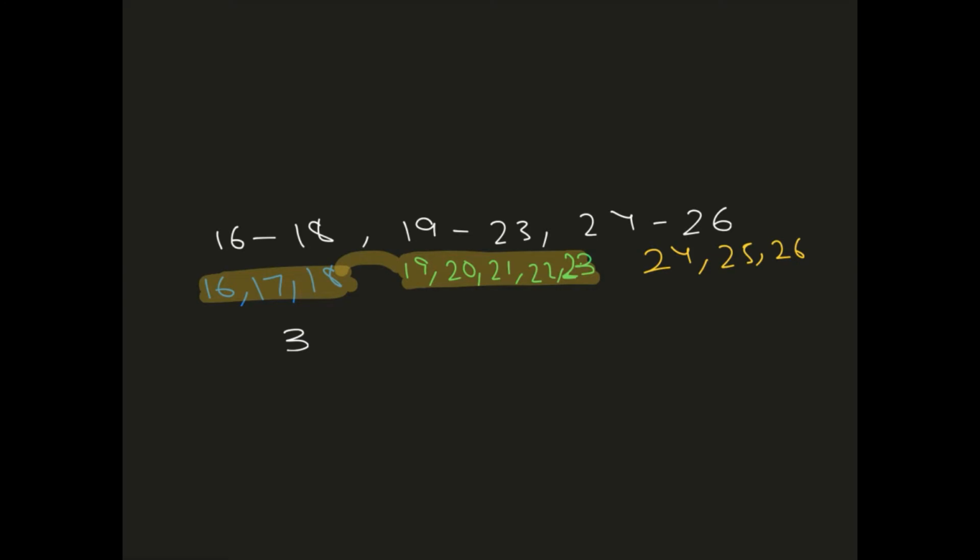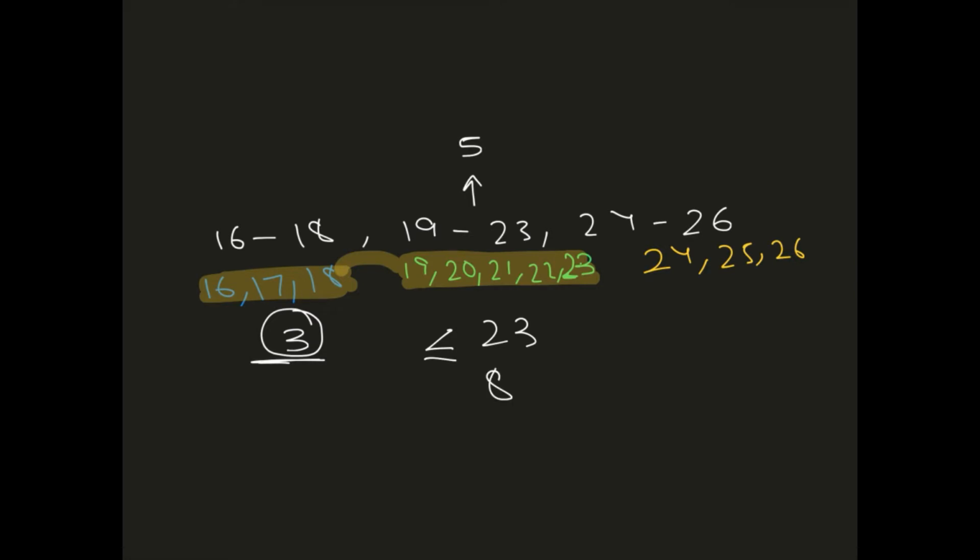Why? Because 16, 17, and 18 are also less than 23. So even though there are five numbers in this group, because these numbers are also less than 23, we will count them too in our cumulative frequency. So if someone asks how many numbers are less than or equal to 23, I won't only write 5, I will write 5 plus 3, 8.